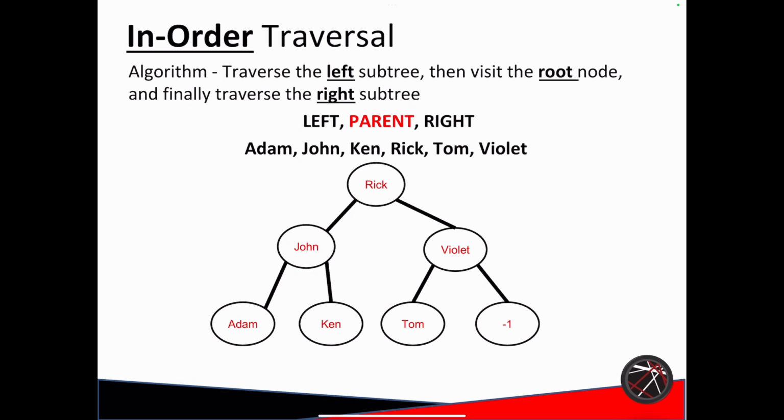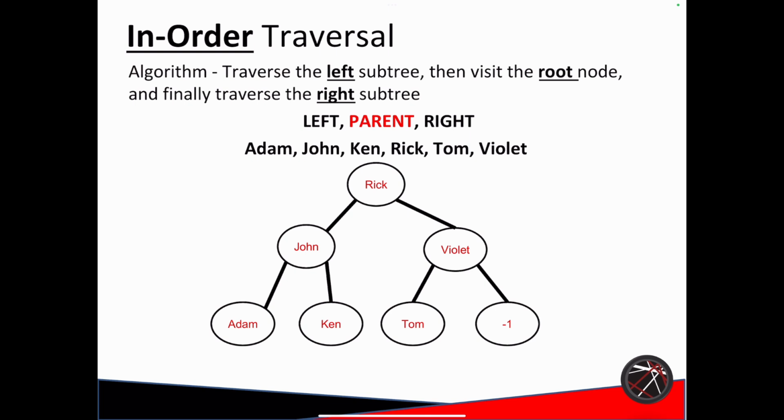What's actually happening from the computer's point of view, though, is it's going left, parent, right, left, parent, right as a pattern. In other words, we go down the left-hand side until we can't get any further. We get to Adam. We then go to the parent of Adam, John, and then we go to the right-hand side and see if there's anything there. There is, so it's Ken, and therefore we do Ken next.